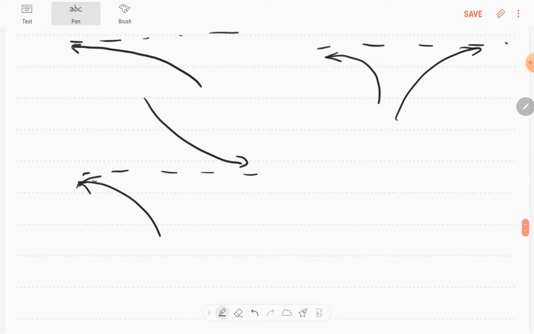These are all horizontal asymptotes. Just remember, when x is very large or very small, it approaches closer and closer to the value y equals b.